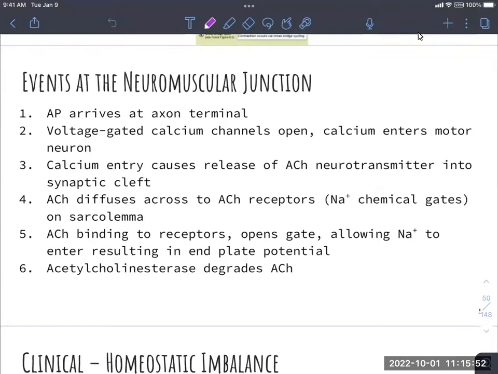That acetylcholine will move across that synaptic cleft and bind to those chemically gated ion channels, which opens them and allows sodium to flow into that muscle cell. As that cell becomes more positive, the acetylcholinesterase breaks down that acetylcholine.